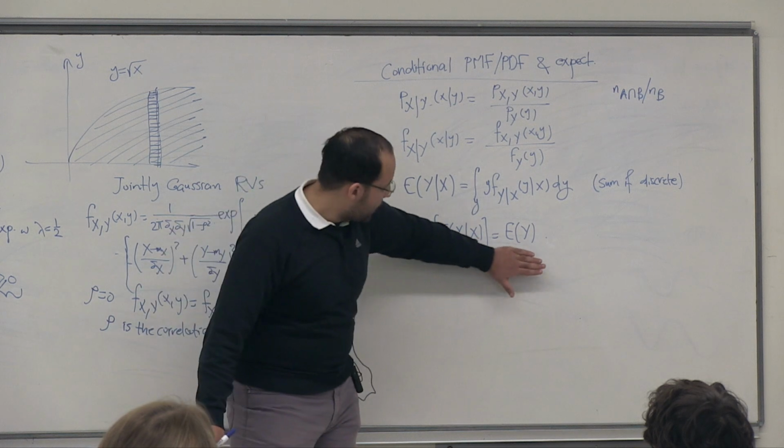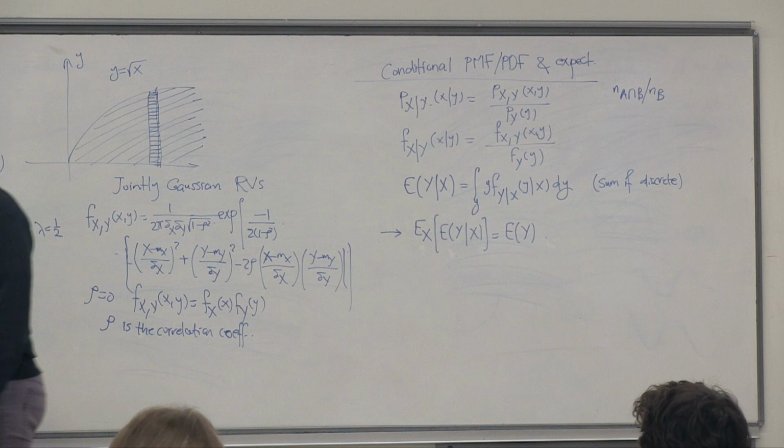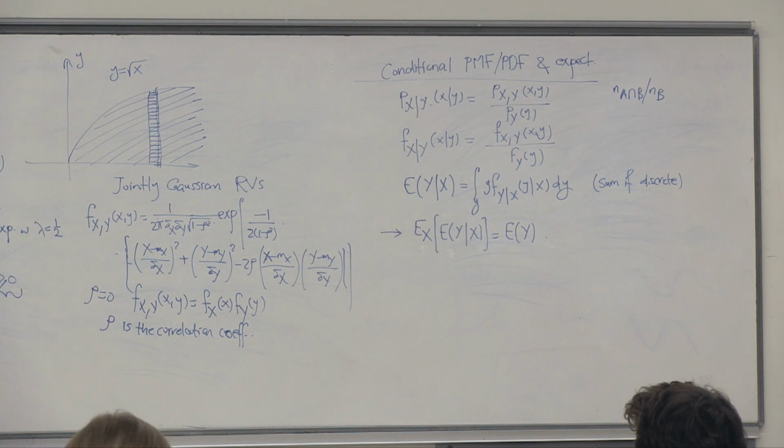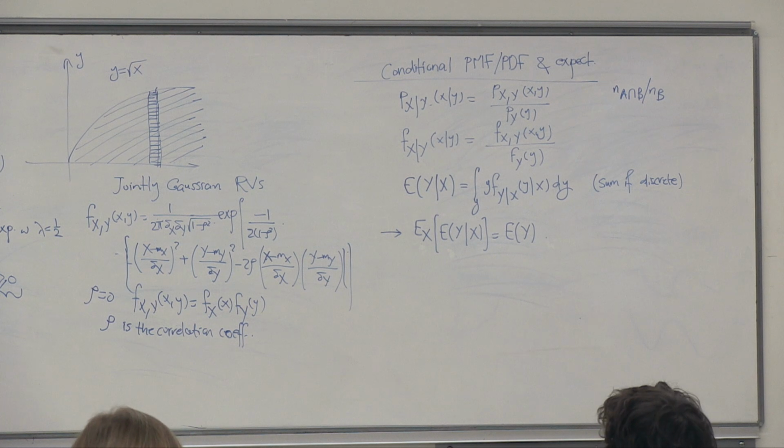First of all, have we seen something that resembles this relation before? Yeah, this is the total expectation. That's correct. So what did we see that is quite similar to this thing?